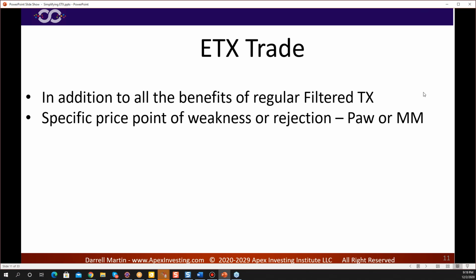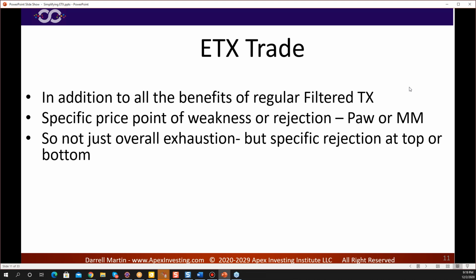So not only do we want to have exhaustion box and a trapped order, we also want there to be a paw or a mini magnet on that reversal bar. So now we're not just taking advantage of the overall exhaustion down there, but also specific rejection at that price level.